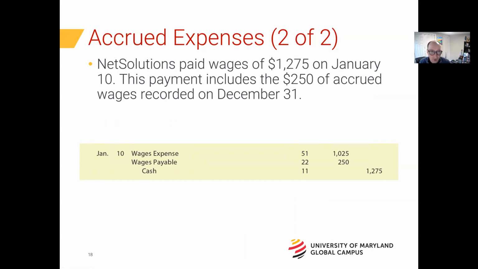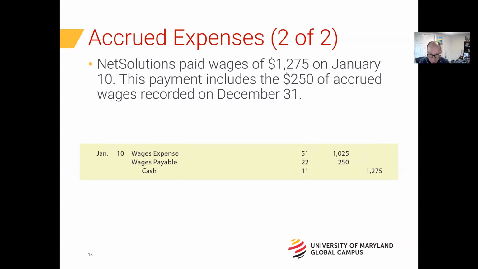Okay, so we're going to pay wages of $1,275 on January 10th. This payment includes the $250 that was accrued in the previous month. Because we're not just going to cut a check for $250 on December 31st. That would be silly.